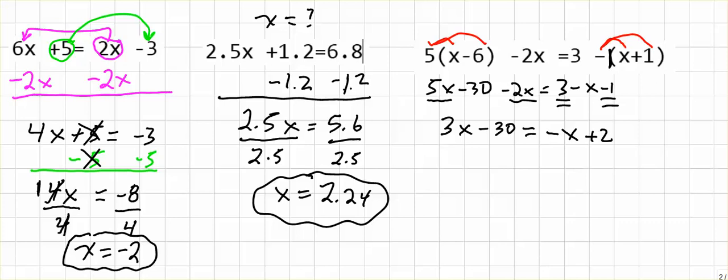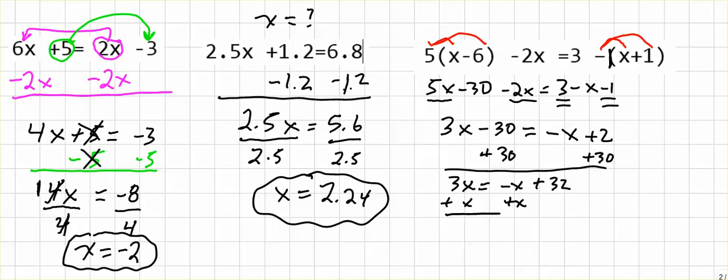So in this instance, now we're just going to solve our equation as we did with the first one. But this time we'll remove the 30. So we'll add 30 to both sides. So this becomes 3x equals minus x plus 32. Then we'll move the x, so we'll add x to both sides.